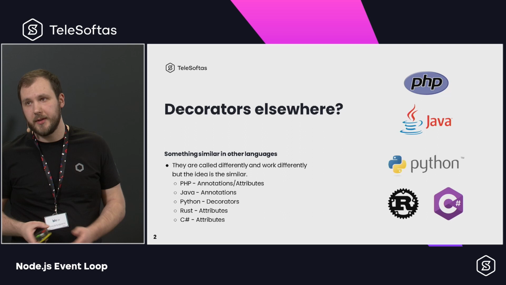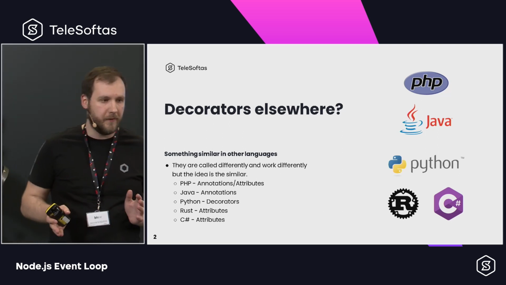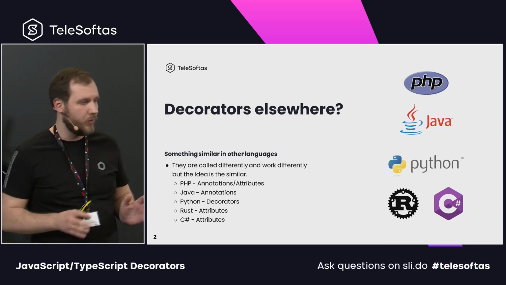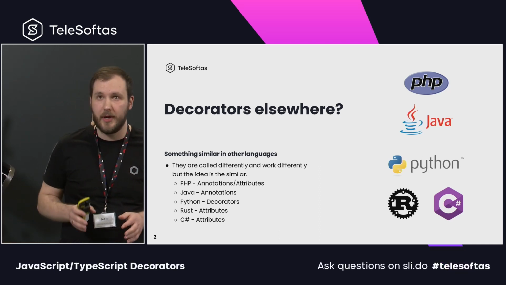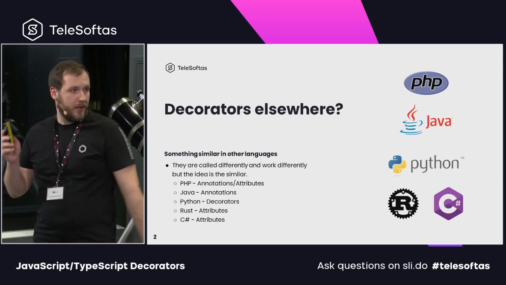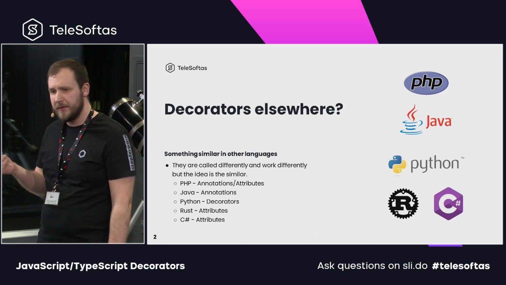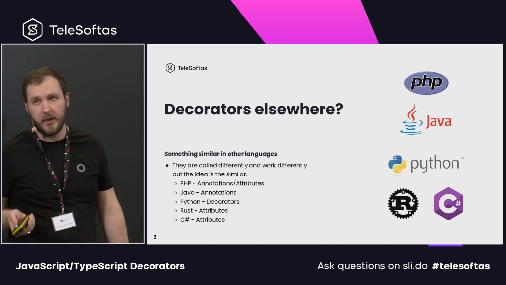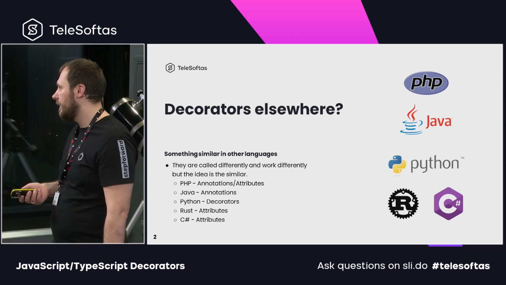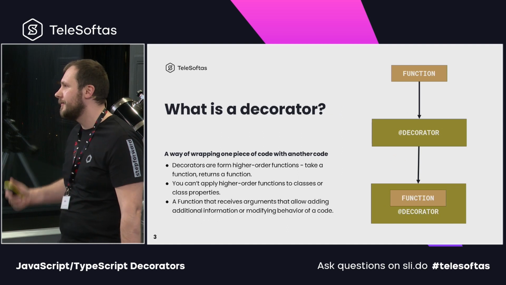C# and Rust have attributes as well. Even though these things are called differently, and have different APIs and work slightly differently, they serve a similar purpose, which I will try to explain. Some of these languages, like JavaScript, didn't have them right from the beginning. For example, Java, I think, got annotations in version 1.5 or something like that.